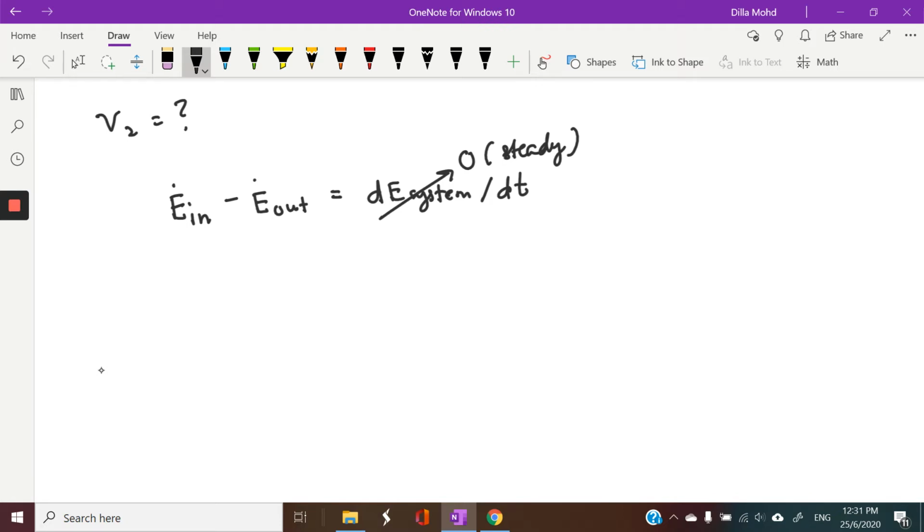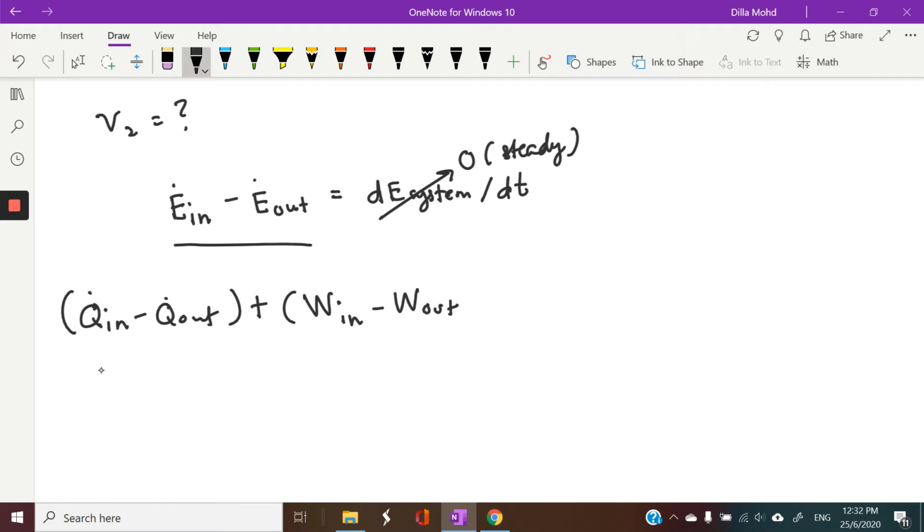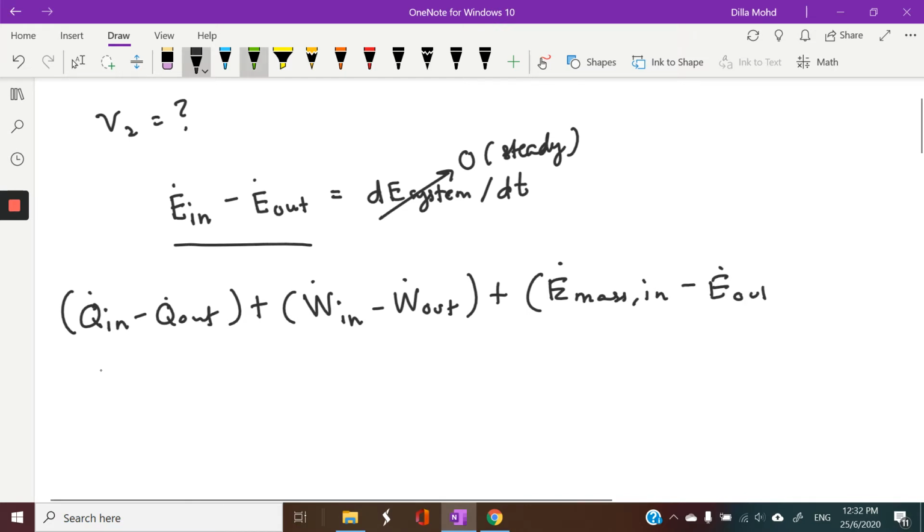So when we expand this part of the equation, we have the rate of heat, the rate of work, and also the rate of energy from the mass coming in and out of your system.